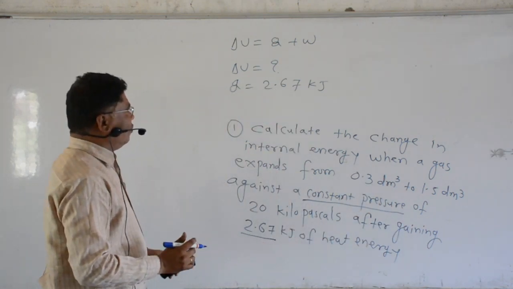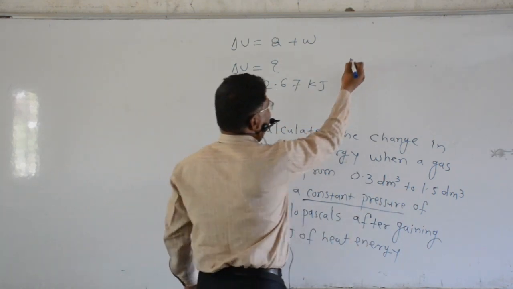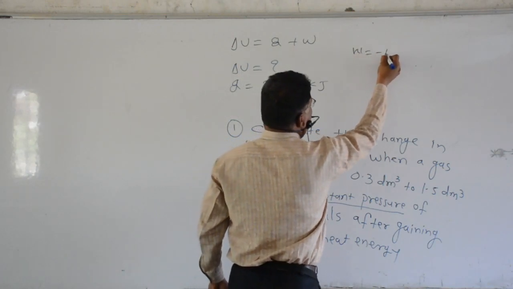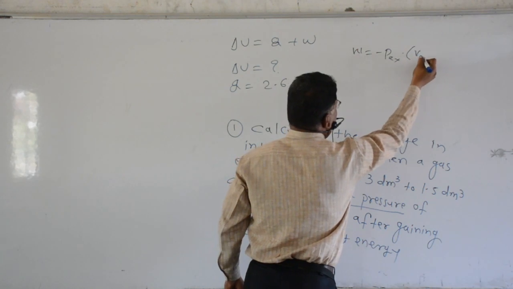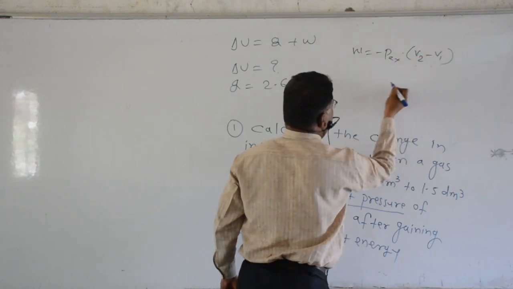First of all, we use the formula W is equal to minus P external into delta V, means V2 minus V1.